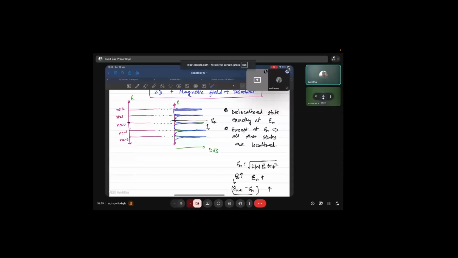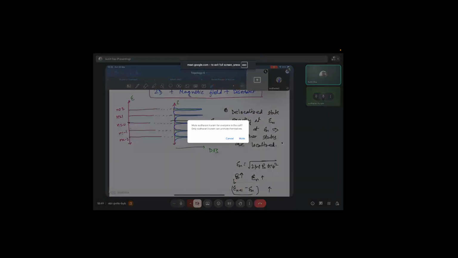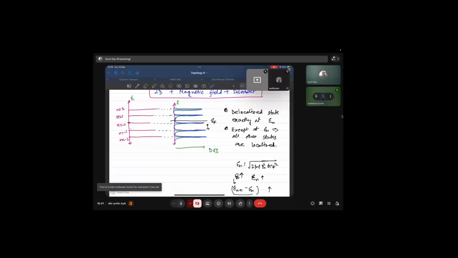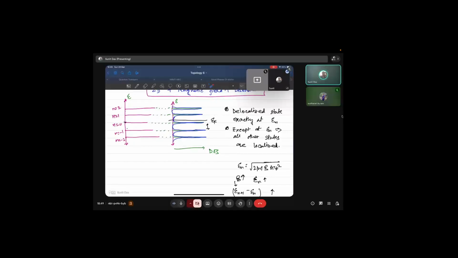What is happening? Whenever this Landau level crosses this Fermi energy, you have some delocalized states exactly at these points, as I told you earlier. These delocalized states essentially mean electrons are effectively behaving as free electrons, and you apply electric field and magnetic field, and because of this, the electrons can conduct electricity.